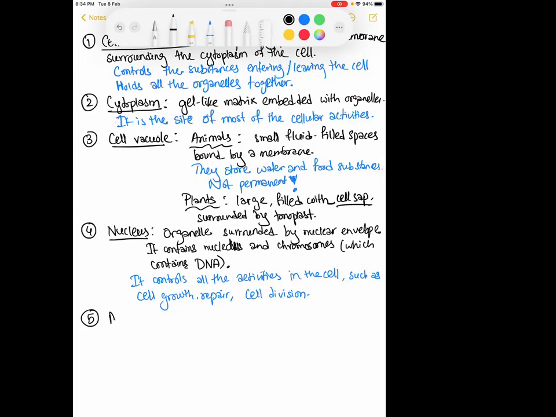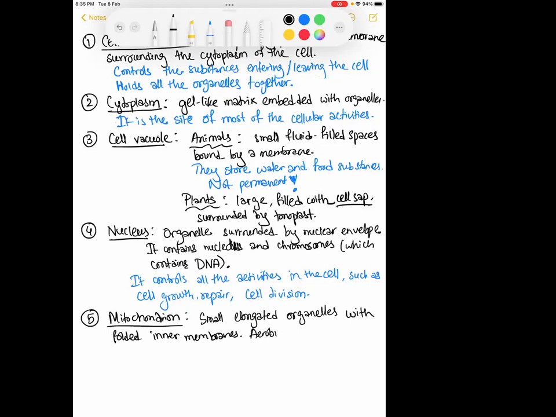Okay. So mitochondria, mitochondrion. These are small elongated organelles with folded inner membranes.